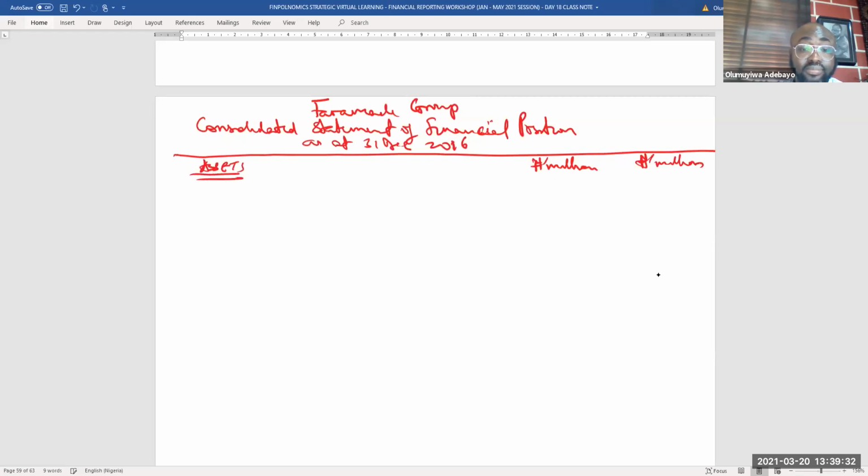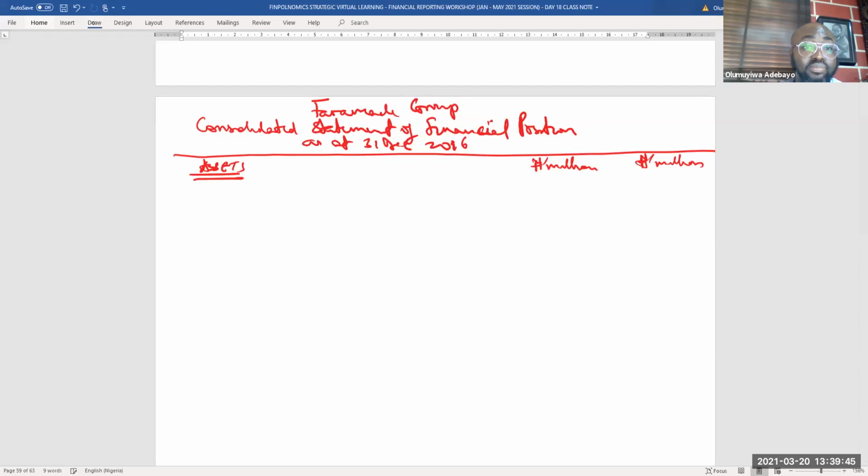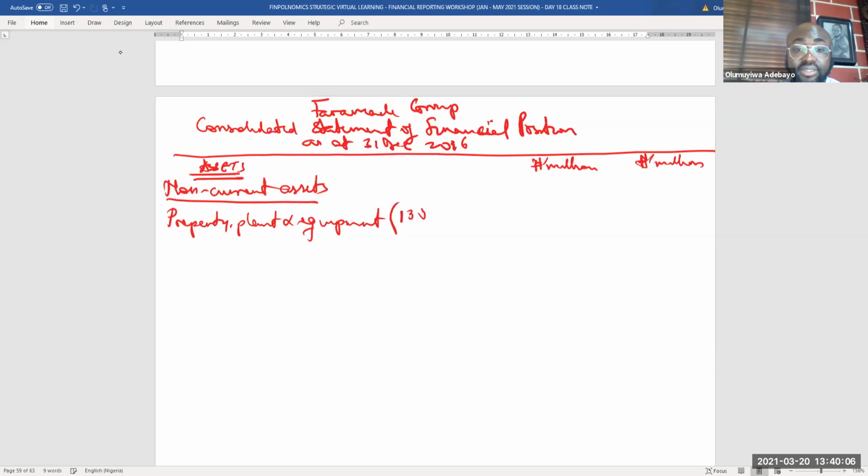Assets, non-current, we have property, plant, and equipment. We have 130 and 120.